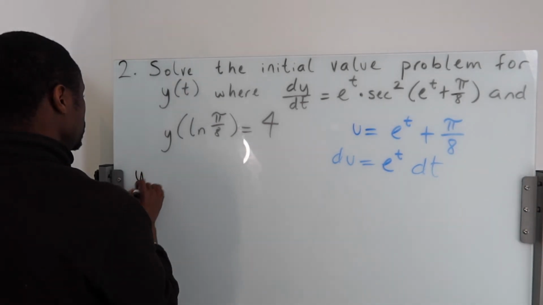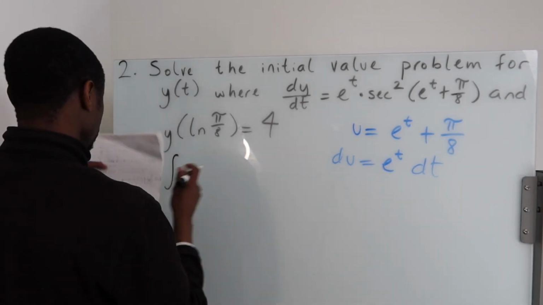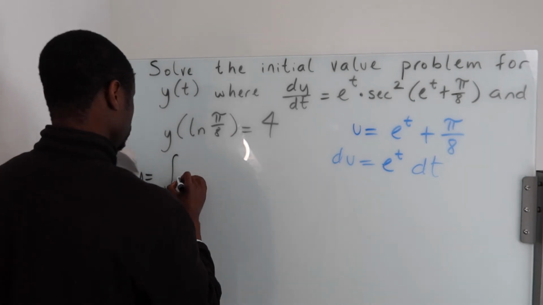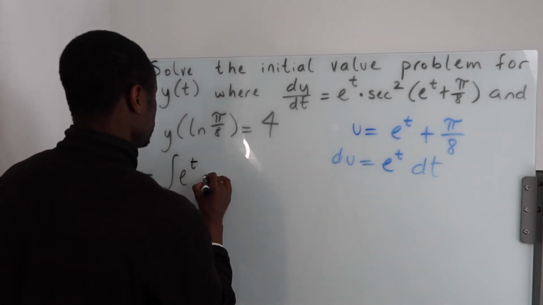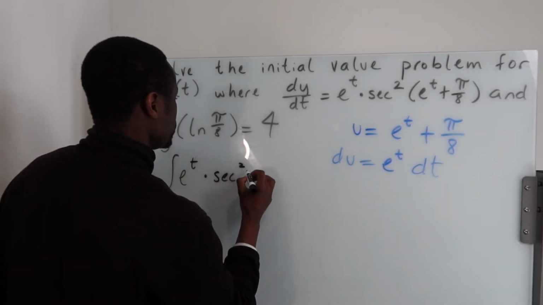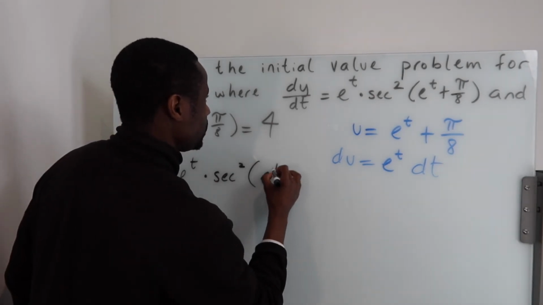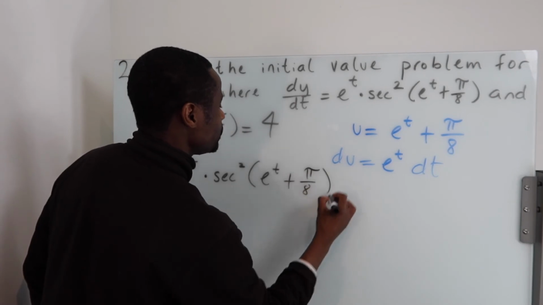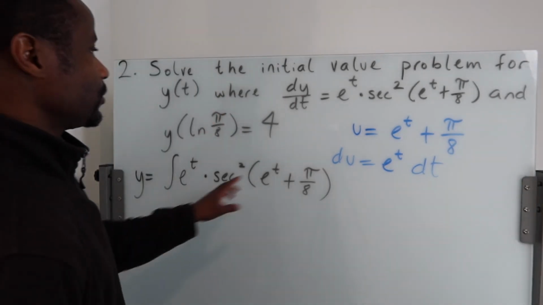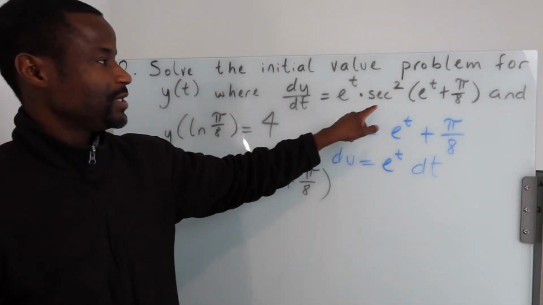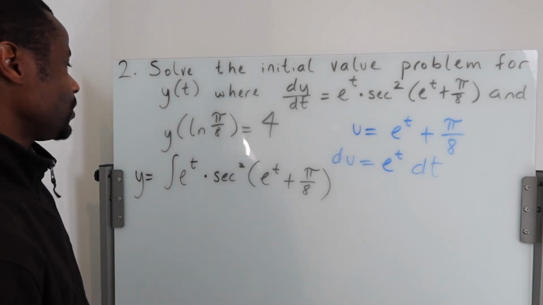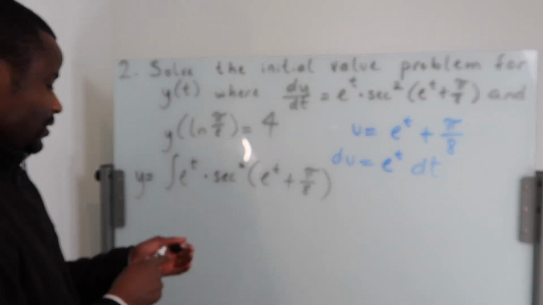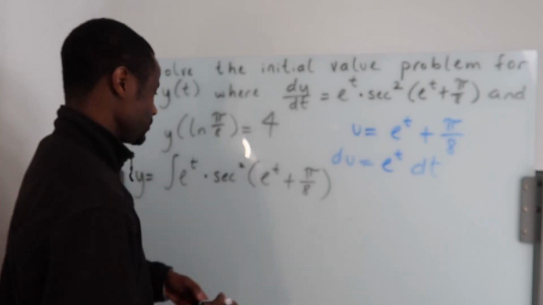So if I know y prime, y is simply going to be the integral of all that. Y is the integral of y prime. So y is simply the integral of e to the t times secant squared of e to the t plus pi over 8. Now let's go ahead and substitute u's here where we see them.